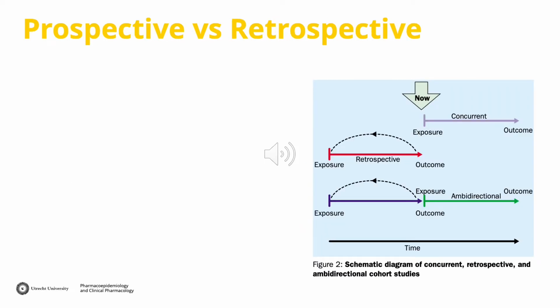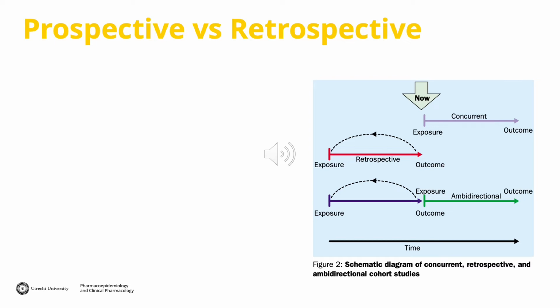So this is just another little schematic representation of the difference between a prospective and a retrospective cohort study. So you can see from the little example that in a prospective cohort study, you look at the exposure and then follow patients forward in time, or you already have the information collected on the individual.